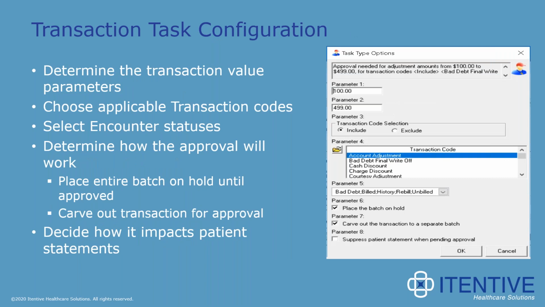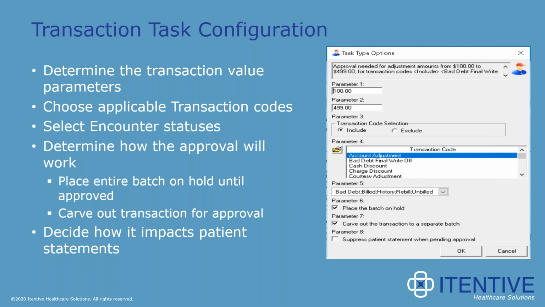So now let's look at the transaction parameters. You have to determine your approval amounts, so is it 100? In my example, as you can see, it's 100 to 499. Then the transaction codes that are going to be subject to approval. For example, if it's a Blue Cross adjustment, you may only want to approve a Blue Cross adjustment over $1,000.